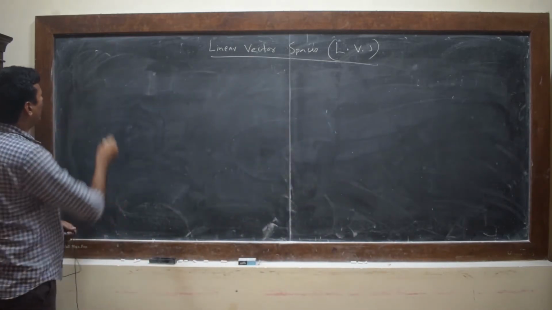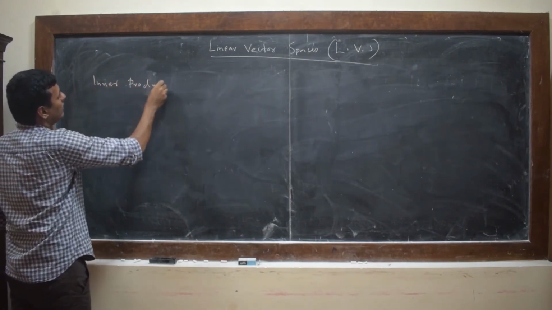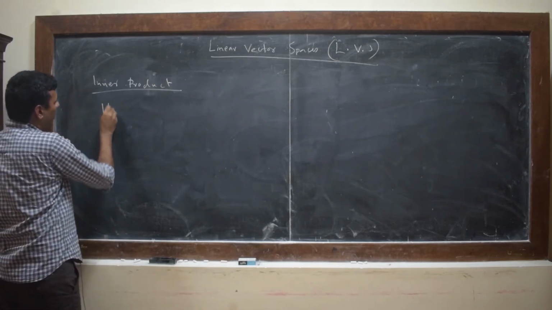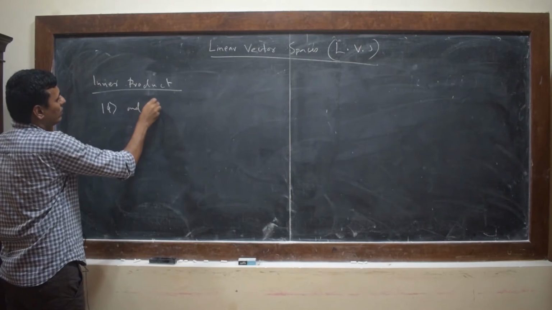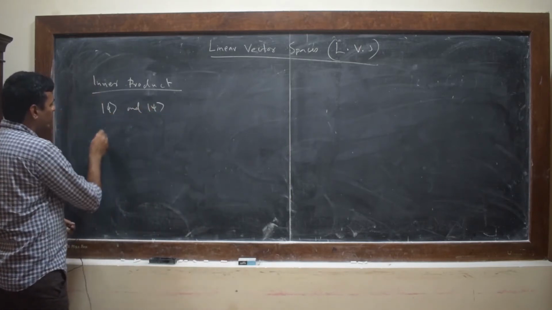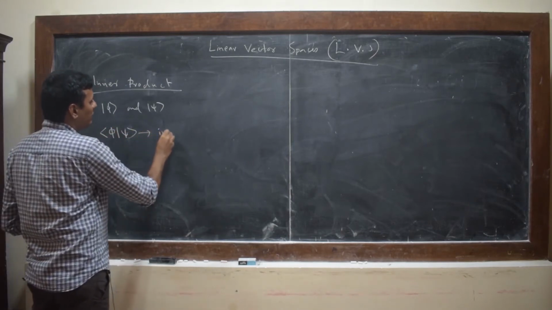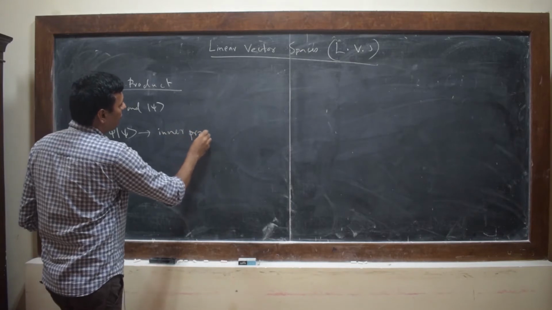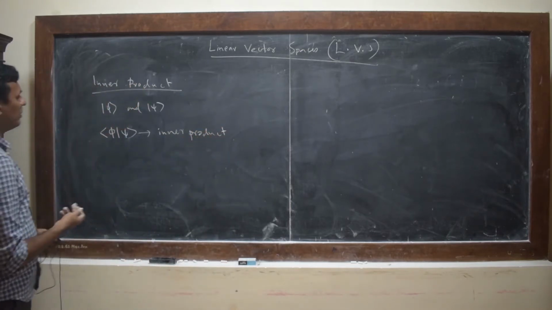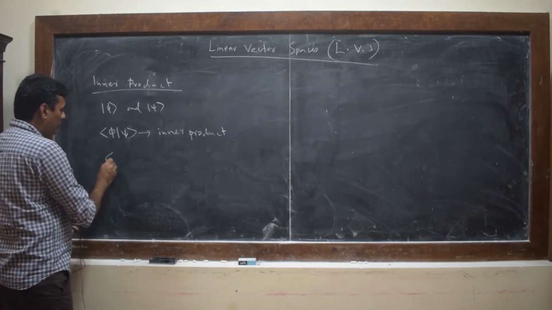Now I will talk about the inner product. If you have two vectors phi and psi, the inner product of phi and psi is defined by bra phi ket psi. You can have the following properties for the inner product.